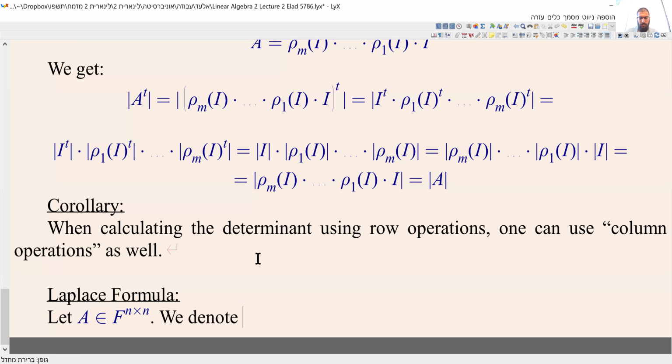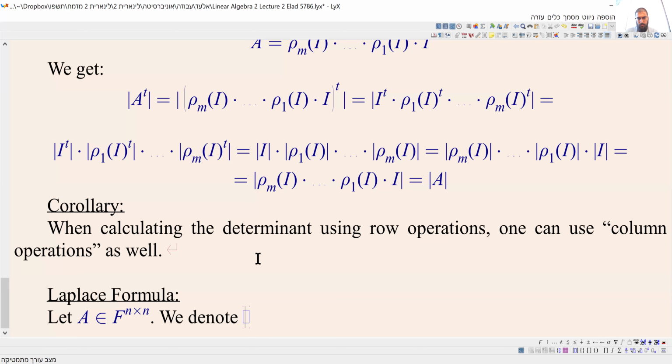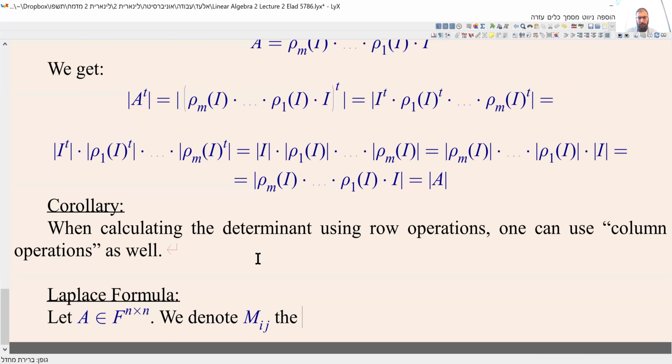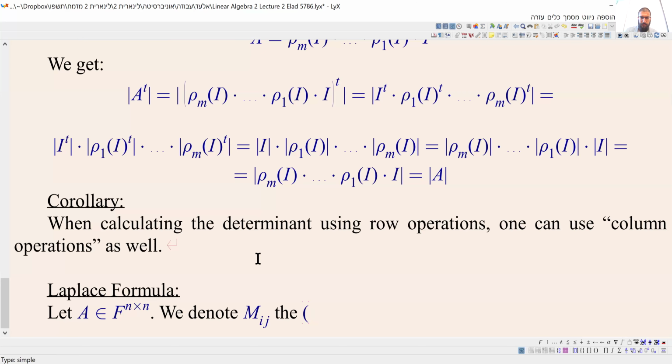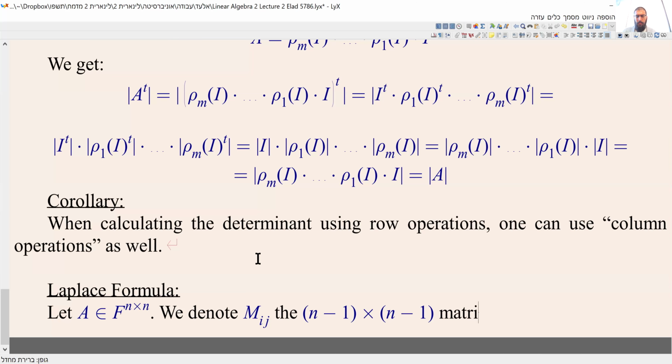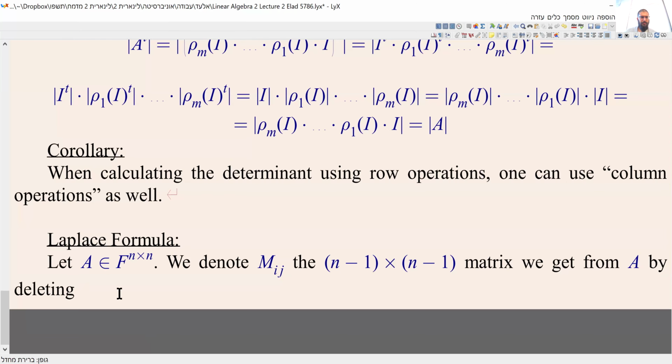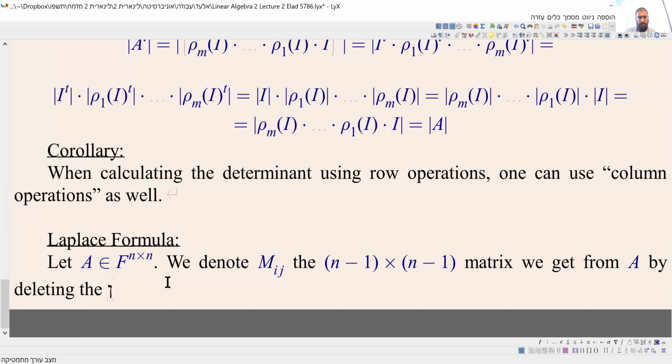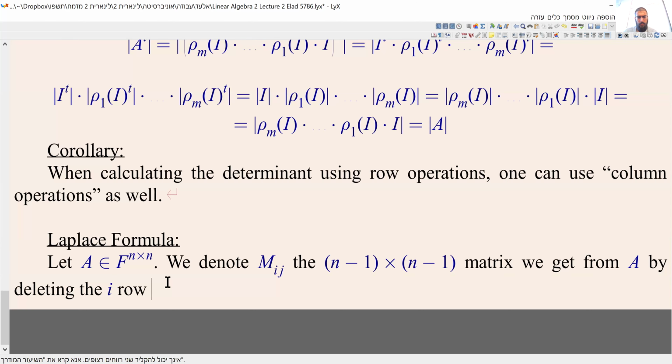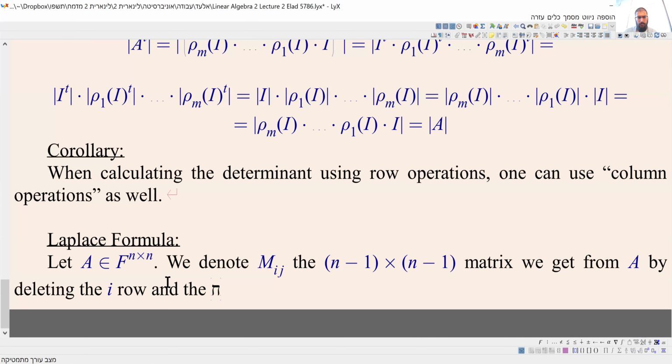We denote with Mij the n-1 by n-1 matrix we get from A by deleting the i-th row and the j-th column.